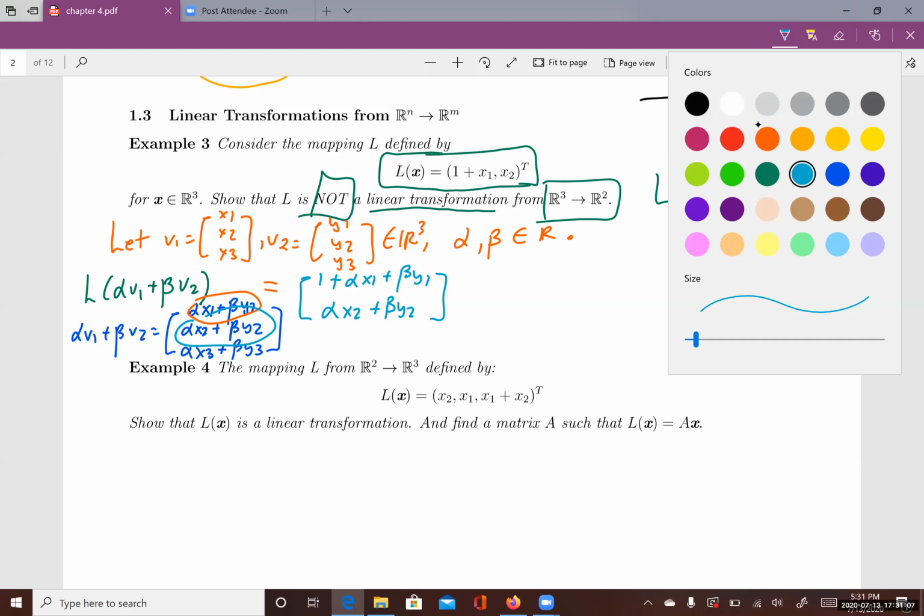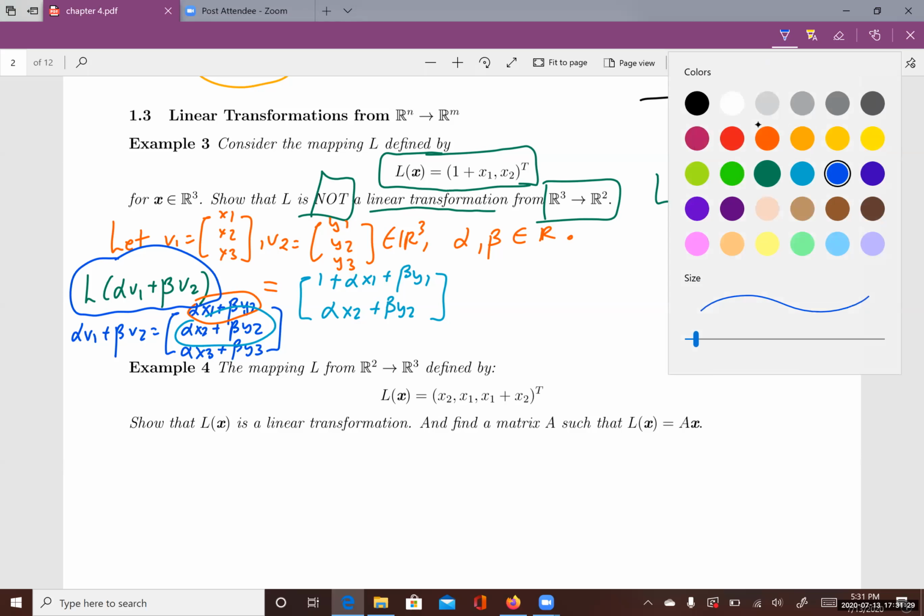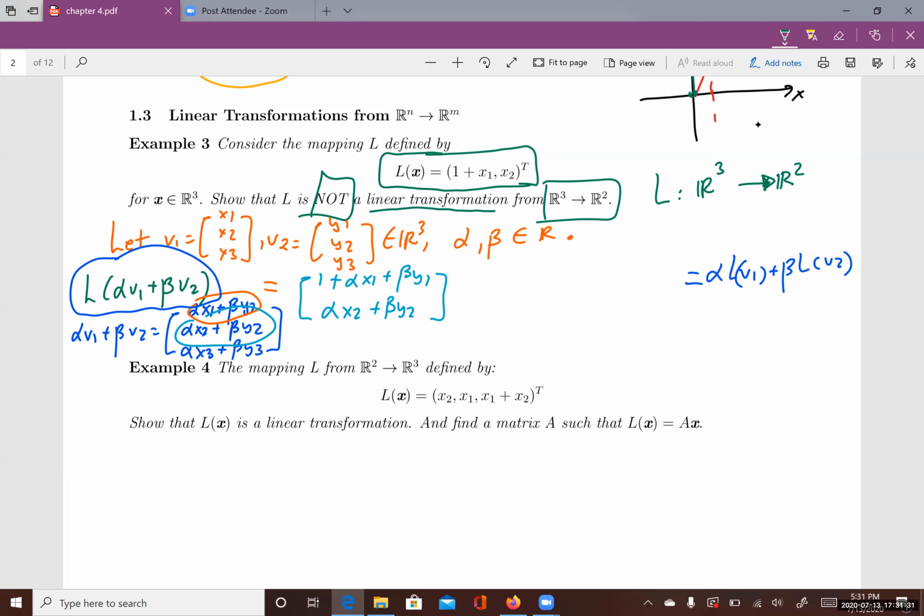Again, if this is a linear transformation, at the end of the day you need to make sure that this left-hand side equals the right-hand side, which is alpha L(v1) plus beta L(v2). Are they going to be the same? In order to show this, I will try to split this vector into two different vectors, alpha together and beta together.